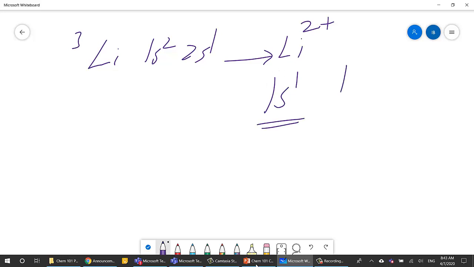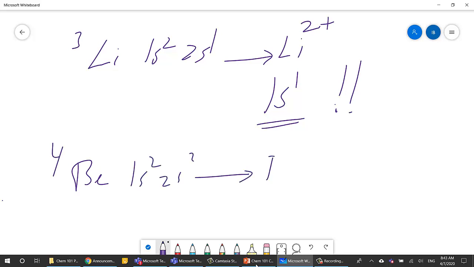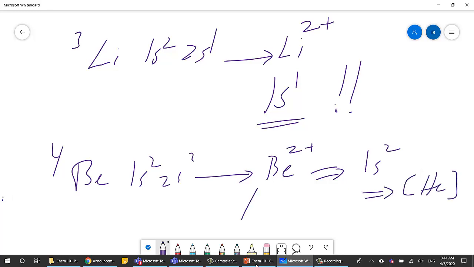This is a very unstable thing. So for beryllium 2+, beryllium has 4 electrons, 1s2 2s2. You want to make a beryllium 2+, and that's going to give you a configuration of 1s2, which is isoelectronic to helium. So here you see this is a very healthy situation. Why is this one unhealthy? This is a very unhealthy situation.